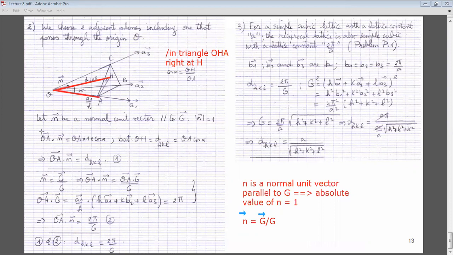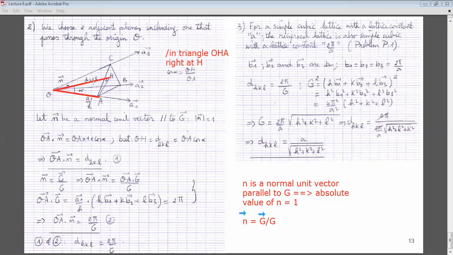So you come back here, OA dot n is OA times 1 times cosine alpha. This is the definition of the dot product, and the absolute value of n is 1. But OH is this distance.